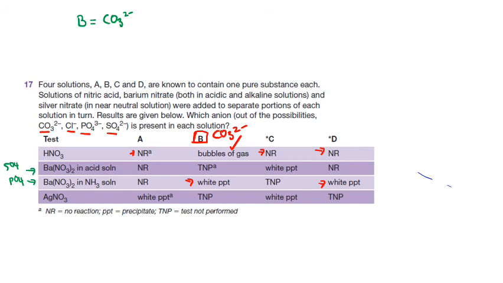And my flowchart also says that silver gives a test for chlorides. So I could have chloride there, I could have chloride there. I could have sulfate here as well. Alright. And I could have phosphate here and phosphate there.